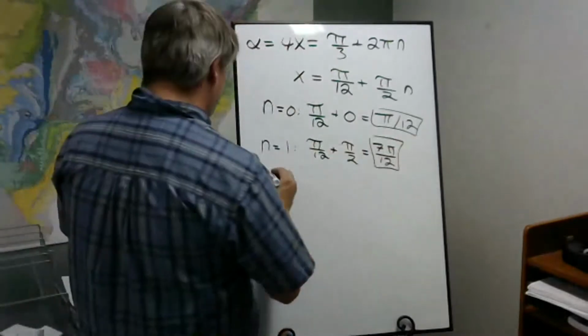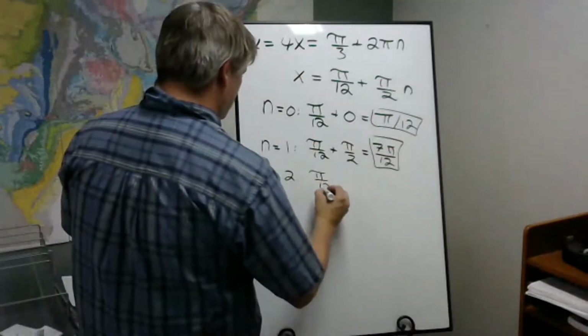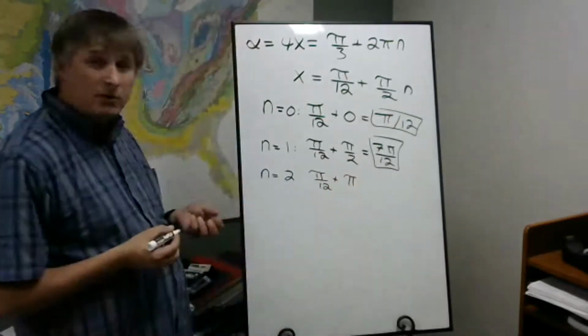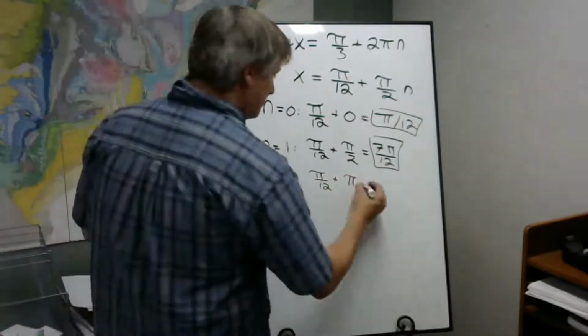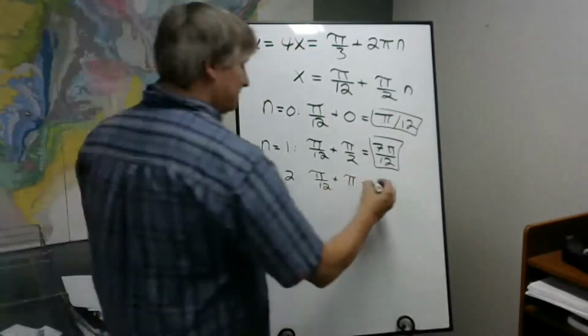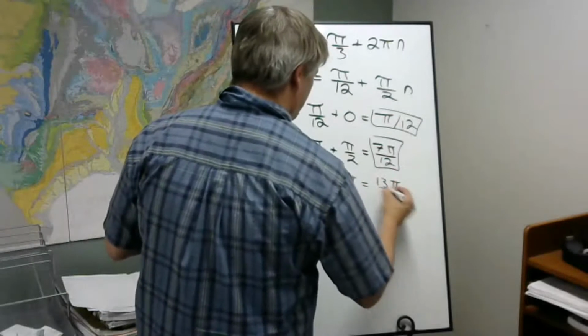So n is 2. Make n is 2 be pi over 12 plus pi. So top and bottom multiply by 12. 13 pi over 12.